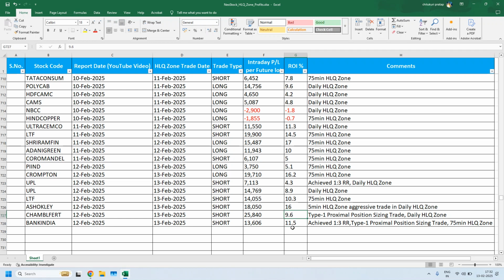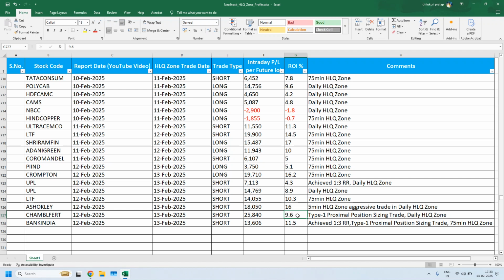Probably half of the profit you will get. If you did 50% position sizing, instead of buying two futures, you bought only one future. That way, you would have got at least 9.6 divided by 2. So, how much will you be getting? 4.8% you might have got.